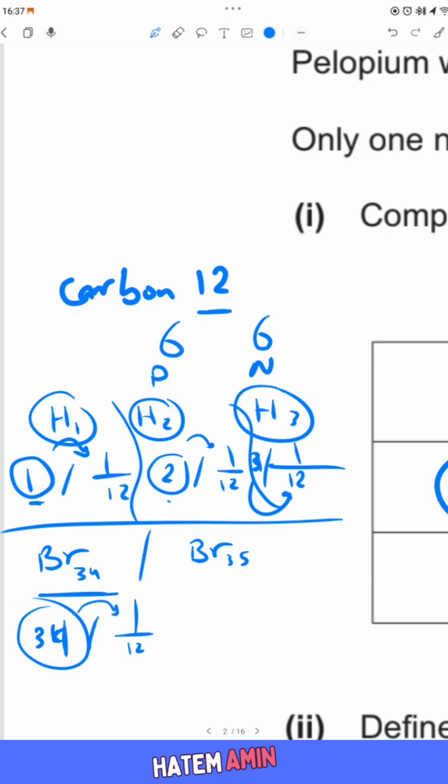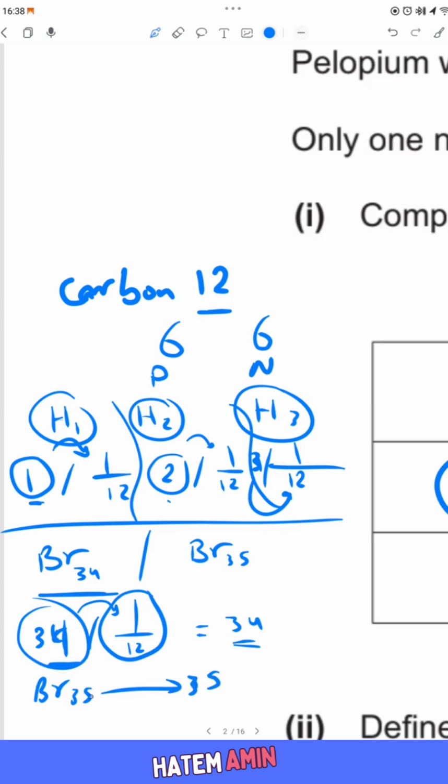It has 34. So it's 34 relative isotopic mass. So we are comparing the total number of protons and neutrons with 1/12 of carbon 12. The bromine 35 is related to 35.